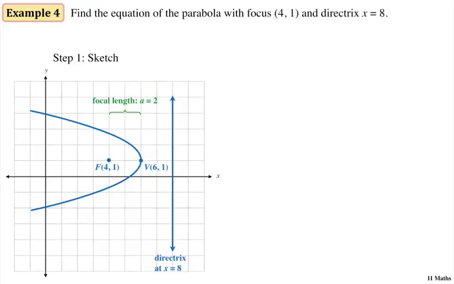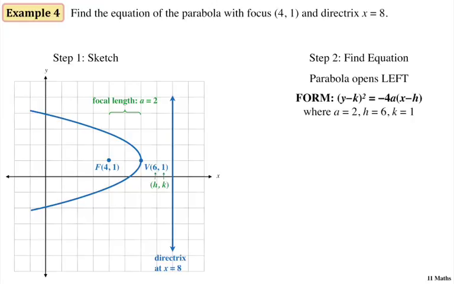So a is 2, and the vertex gives us our h value and our k value, so h is 6 and k is 1. Remember, because it opens to the left, y squared equals minus 4ax, but we've got the k and the h to go with our terms. There's our formula. We can plug in our a, h and k.